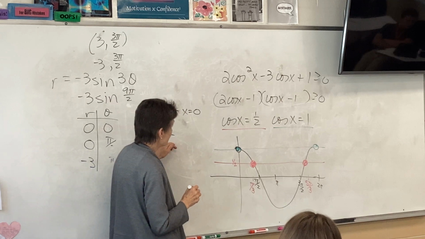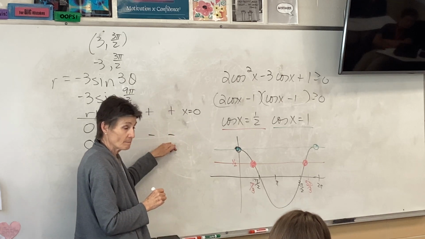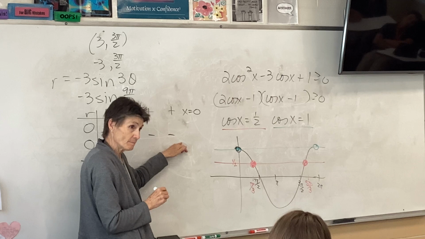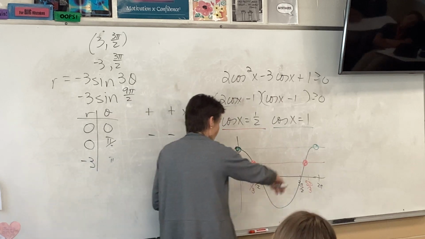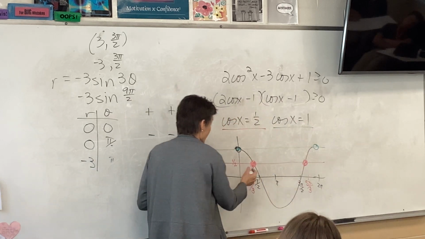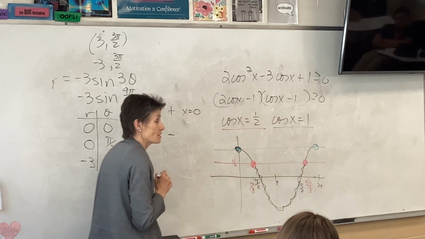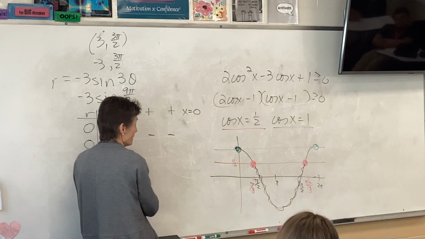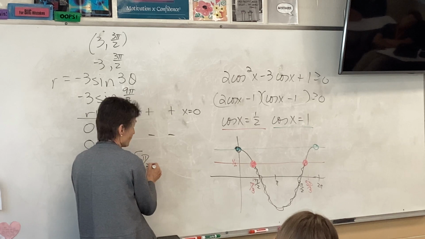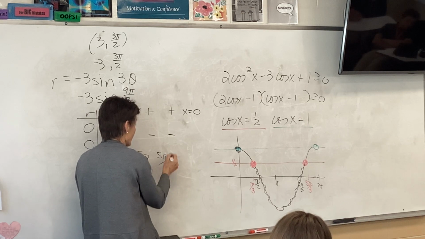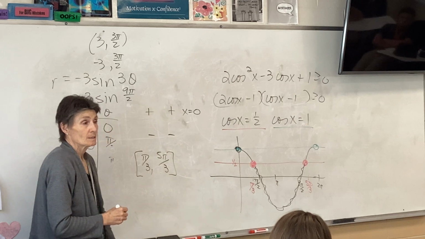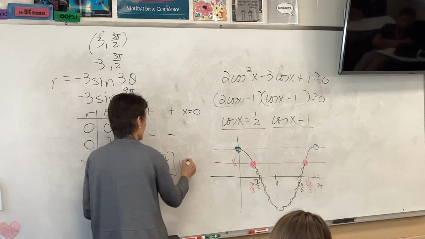Now, I need to be below green and below red. Below green is basically the whole curve, and below red is here. So the answer to that one is everything from pi over 3 to 5 pi over 3. Your answer is those two things put together.